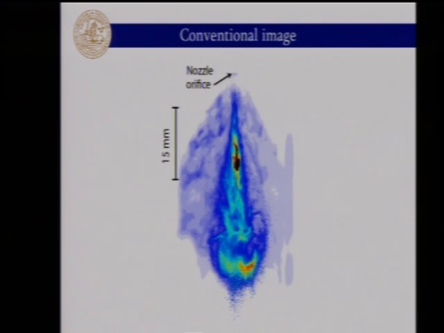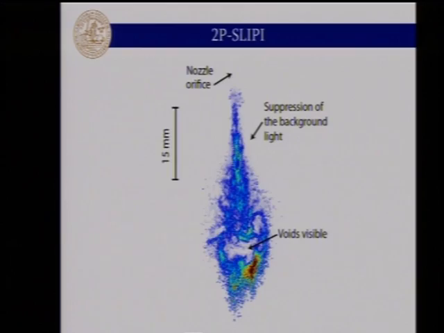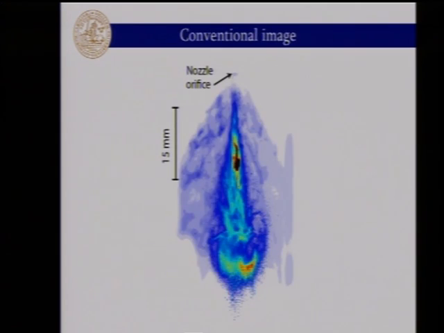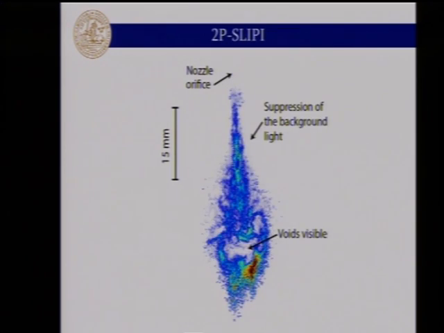This was a 5-hole injector. So you have 4 behind, creating this background light that appears when you illuminate, obviously. And then you clean it up, and you see the individual droplets that you could possibly track, while before they were hidden in the multiple light scattering. The voids inside the spray are really enhanced. So now this is really what you have in your light sheet, not around it.